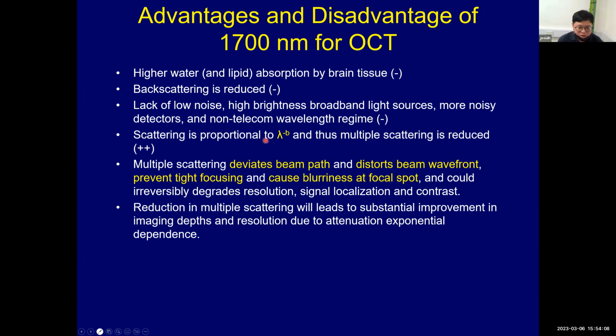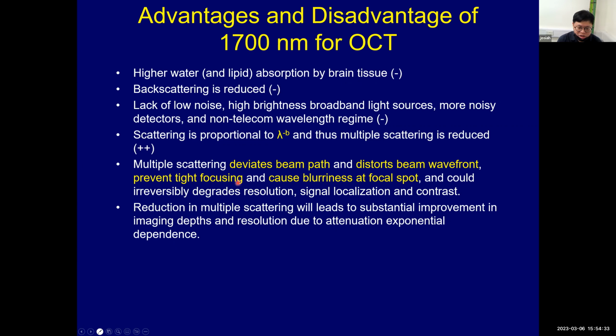But really the biggest advantage is that if you use this long wavelength, the scattering usually decreases by a lot. Scattering is so bad for looking deep into biological tissue because it deviates the beam path, as you have seen in the previous example, and distorts the beam wavefront and things like that.